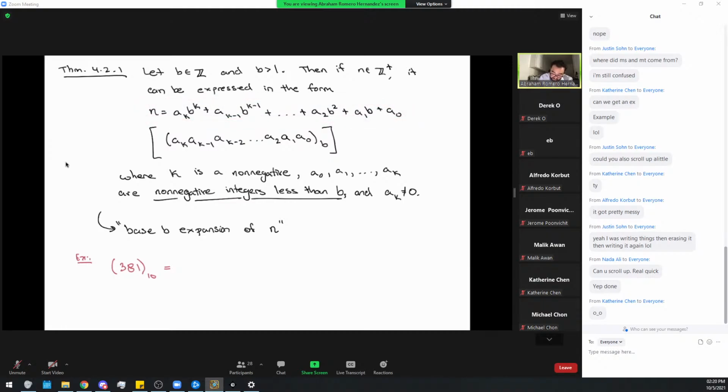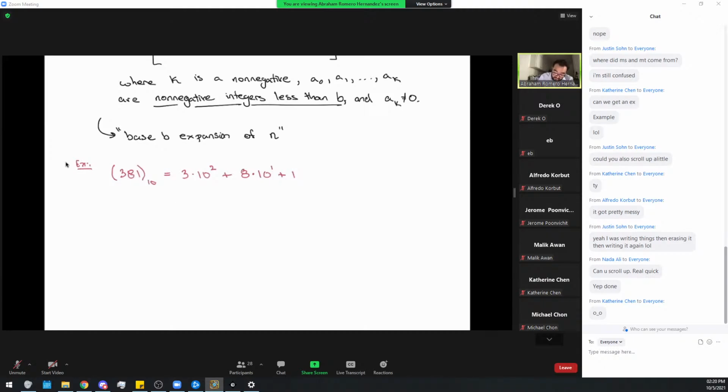This is equal to 3 times 10 to the second plus 8 times 10 to the first plus 1 times 10 to the 0 power. Well, actually, we don't need times 10 to the 0 power because that's just 1. What is that? That's just 300 plus, oops, not 81, plus 80, plus 1. So this is just 381. And yeah, that makes sense. I kind of expected that.